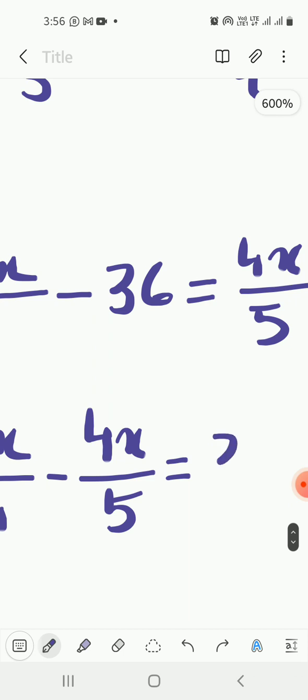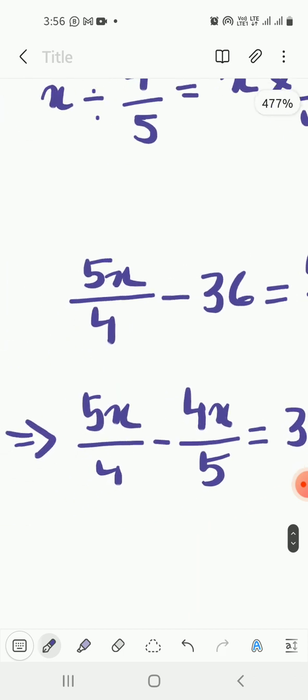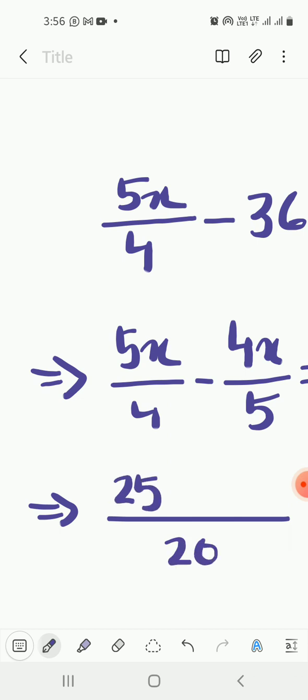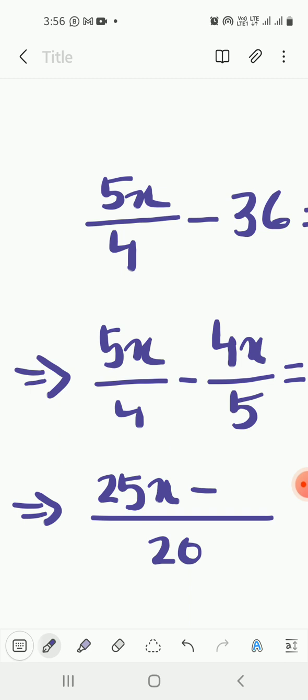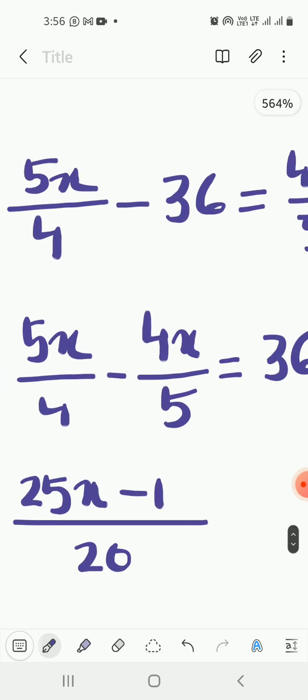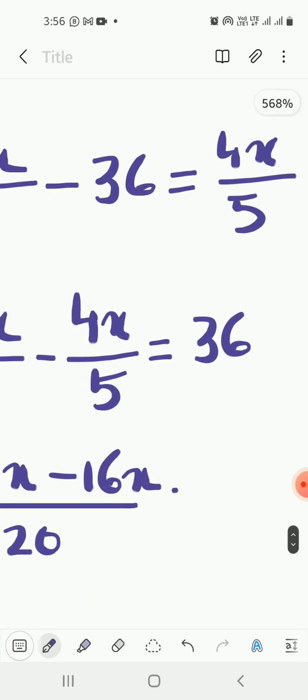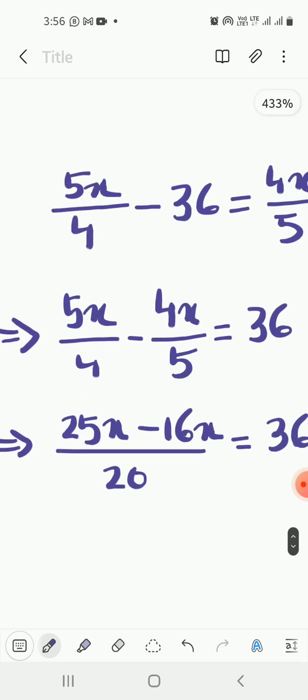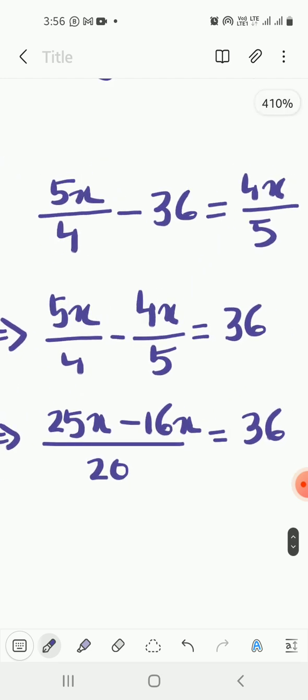It becomes plus 36, which means only 36. Now let's do the LCM of 4 and 5. It becomes 20. 5 into 5, 25x minus 4 into 4, 16x is equal to 36. So it's 25x minus 16x by 20 is equal to 36.